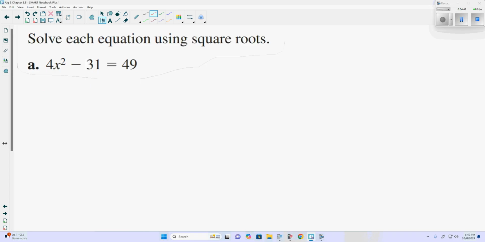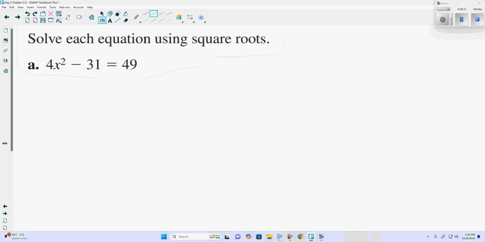Square root method. Square root method is nice if we do not have a middle term. We do not have an x to the first power, or all of the variables are located inside of a parentheses being squared. So if we look at this here, the only variable we have is x squared, yes?